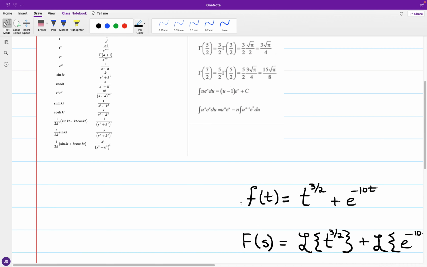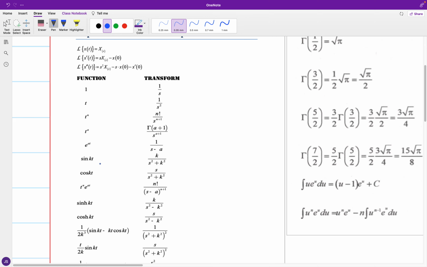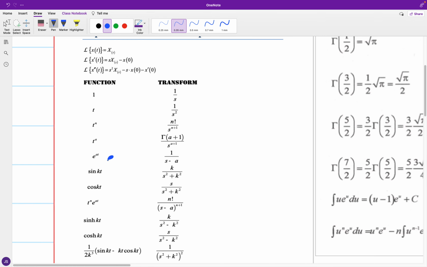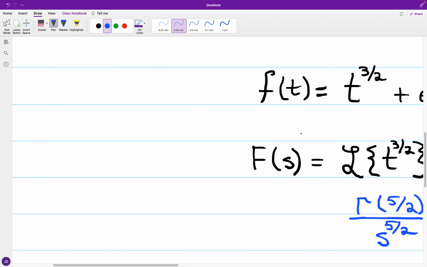For e to the negative 10t, referencing what we have for e to the at, the transform is going to be 1 over s minus negative 10, and this is going to be 1 over s plus 10. And for the gamma of 5/2, that would be 3 times the square root of pi all over 4.